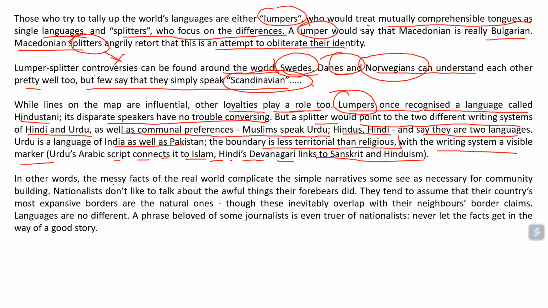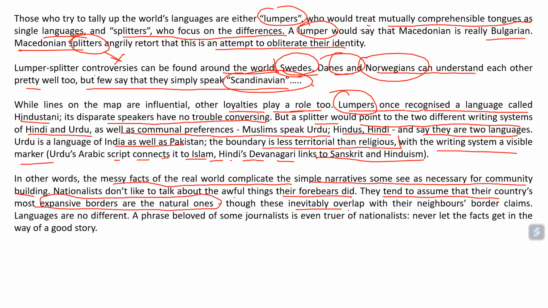In other words, the messy facts of the real world complicate the simple narrative some see as necessary for community building. Nationalists don't like to talk about the awful things their forebears did. They tend to assume that their country's most expansive borders are the natural ones.